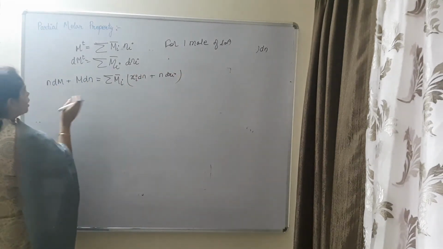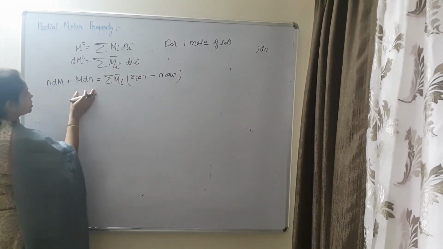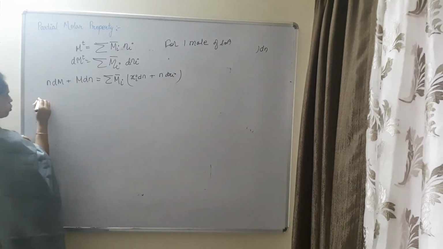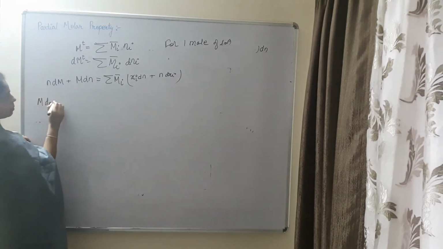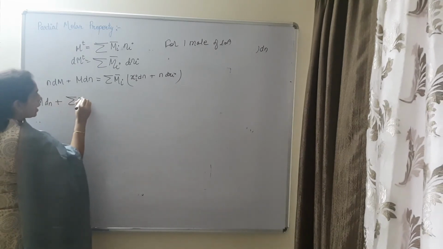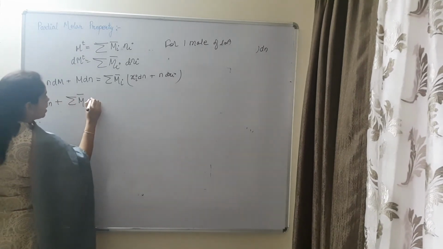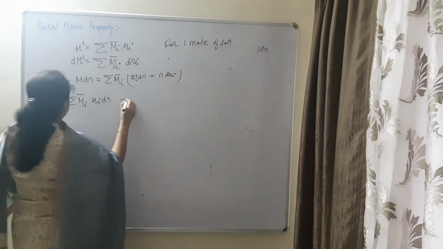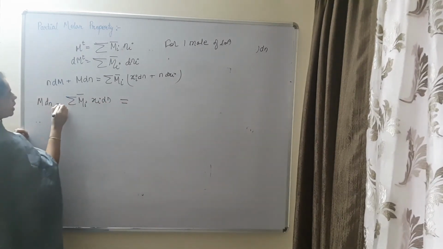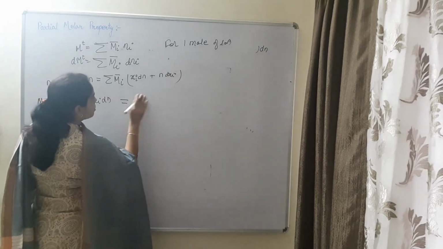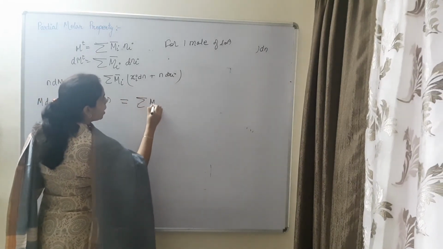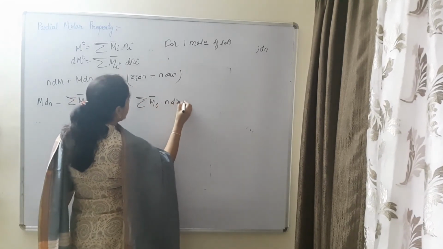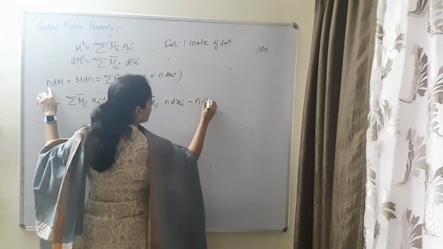Okay, now just rearrange this. Take the dn terms to one side: m dn plus summation of mi bar xi dn. So it's negative, and the summation of mi bar n dxi minus n dm.